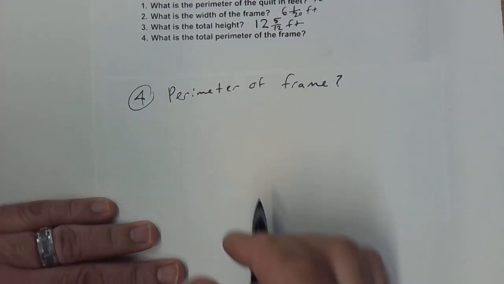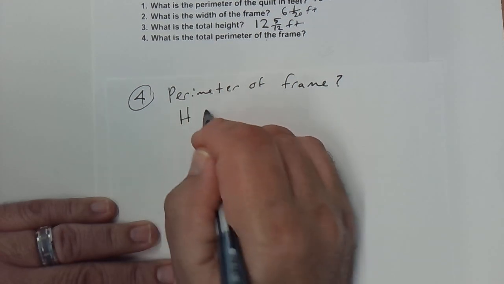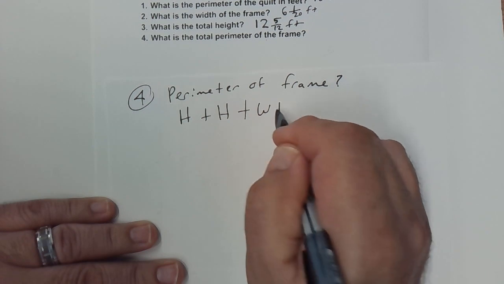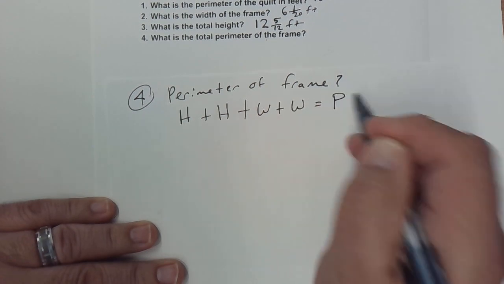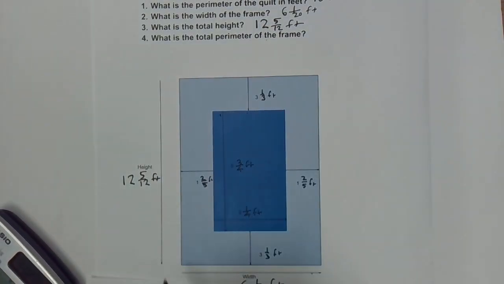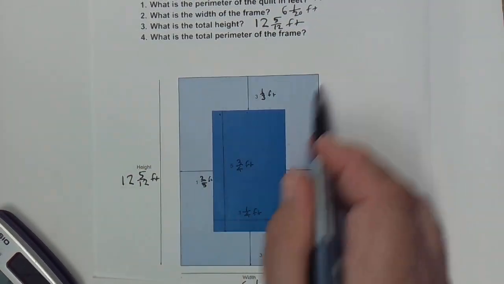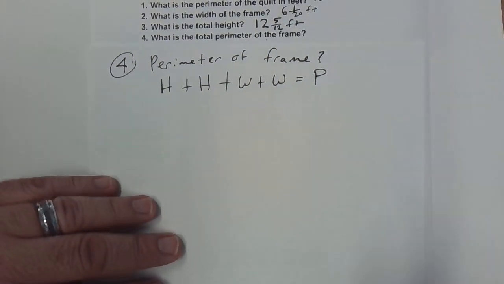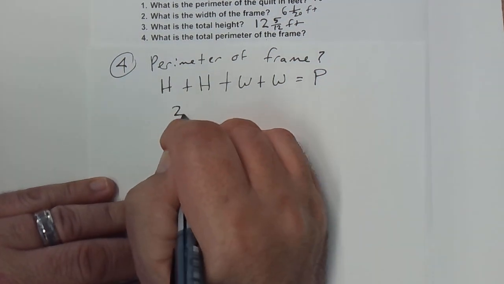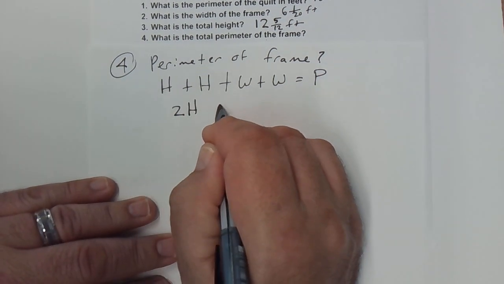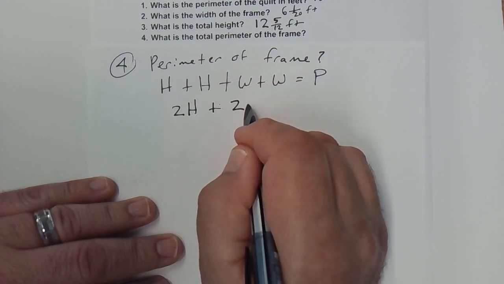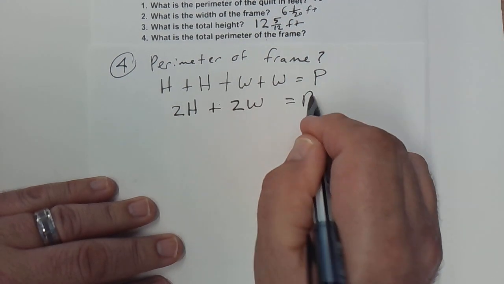And we know that the perimeter of the frame is going to be the height plus the height, both sides, right? Plus the width plus the width is equal to the perimeter. We're adding this side and this side and this and this, and that's how we wind up with the perimeter. Since I've got h plus h, I can rewrite that as 2h. And since I've got width plus width, I can write that as 2w, equal to the perimeter.